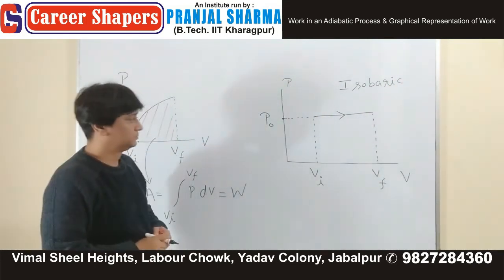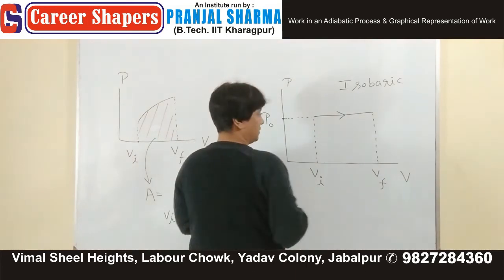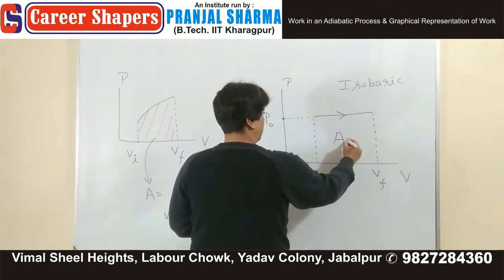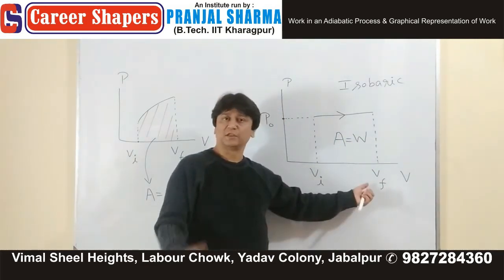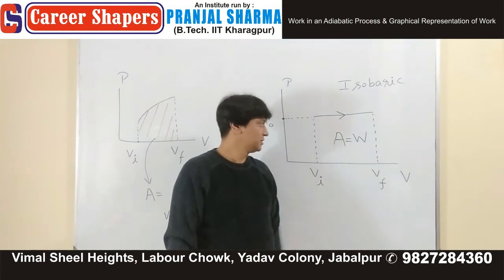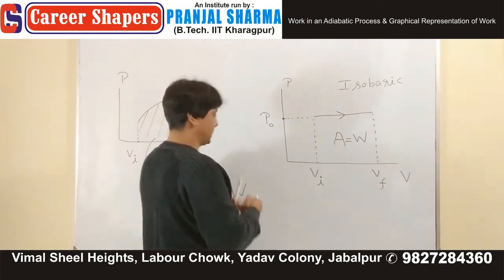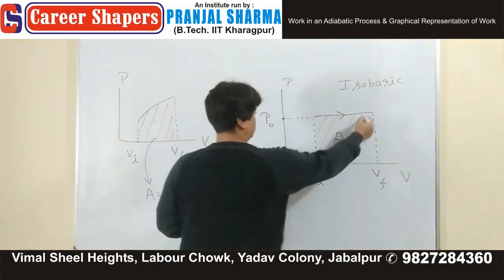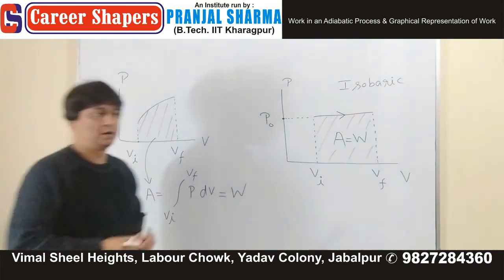Now, we need work, and for that we need this area. Area will give us work, and volume is increasing, therefore we'll take it positive. Now, I hope you can see the rectangular portion shown in red.